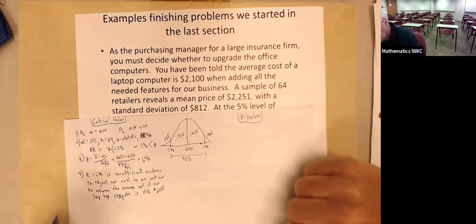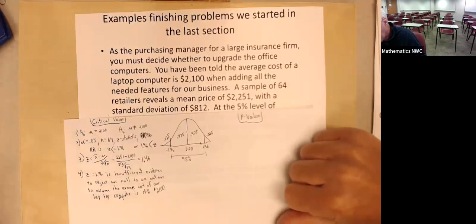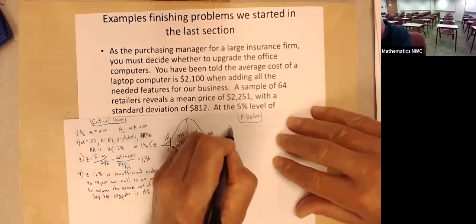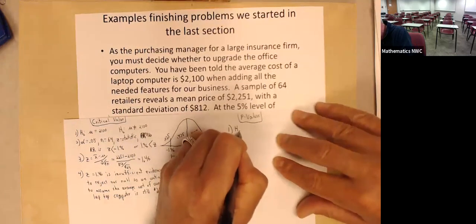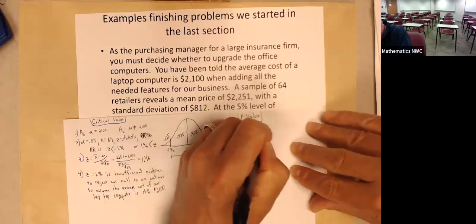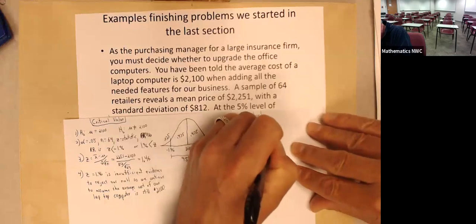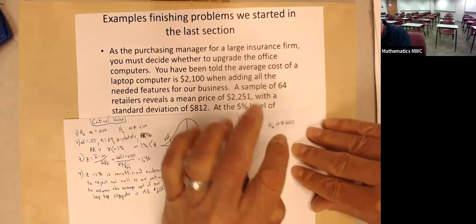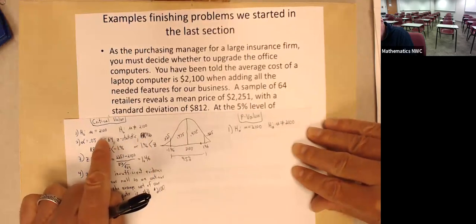But let's look at the parts that are different. I'm going to put those parts different in red, or I'm going to underline them once, okay? My null and alternative will not be any different. So I'm going to still have the null to be that the mean is equal to 2100, and the alternative is going to be that the mean does not equal 2100, the exact same.